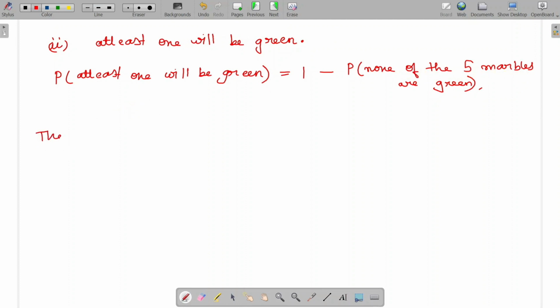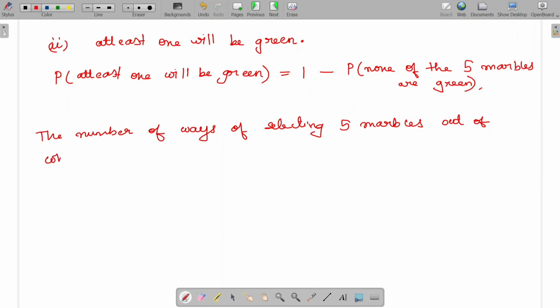So the number of ways of selecting 5 marbles out of which none of them are green.